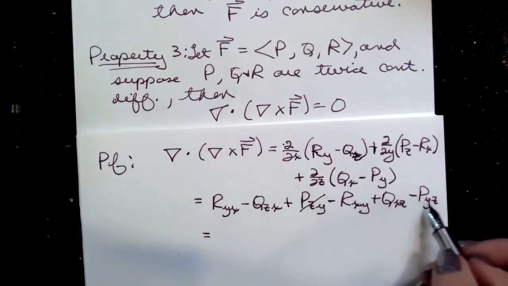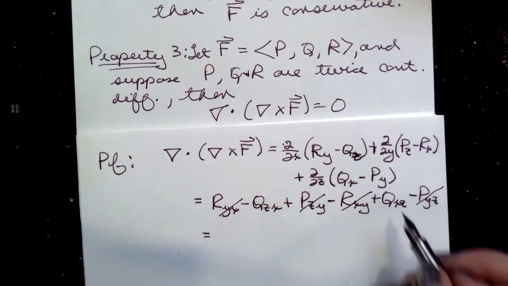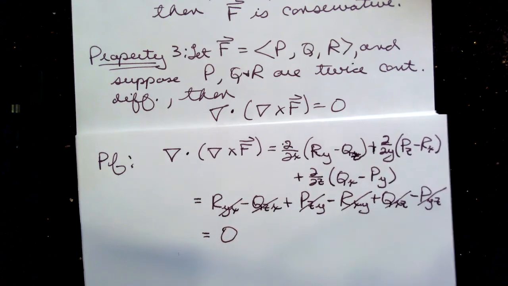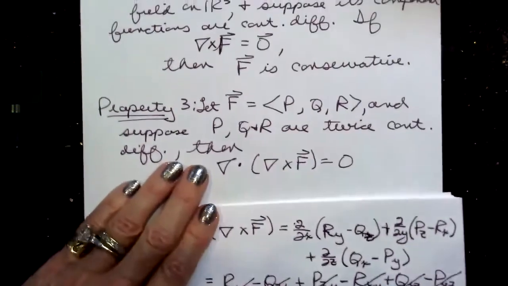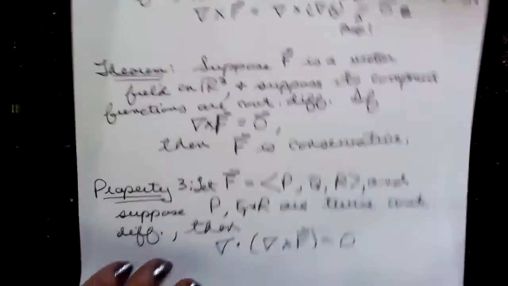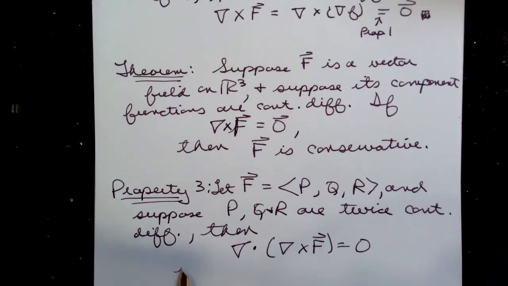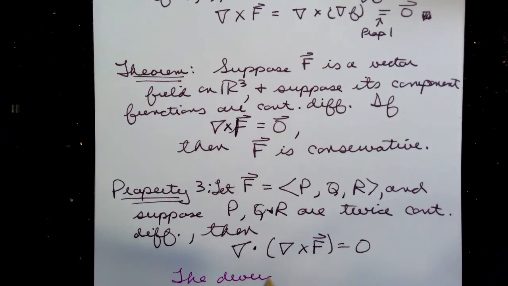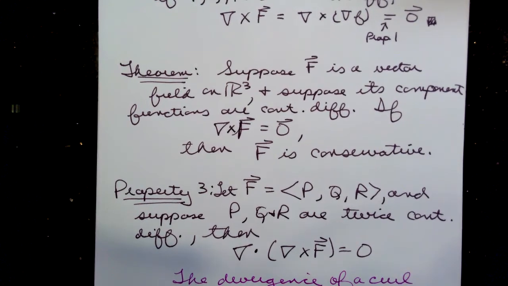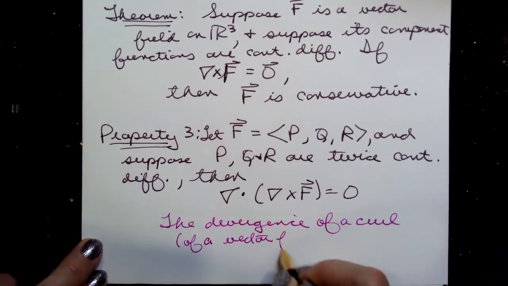So R_yx is the same as R_xy, and Q_xz is the same as Q_zx, and so you get 0. So again, it's absolutely trivial to show that the divergence of a curl is 0. And let's remember that in words as well, because sometimes it's easier to remember the words. So the divergence of a curl of a vector field is 0.